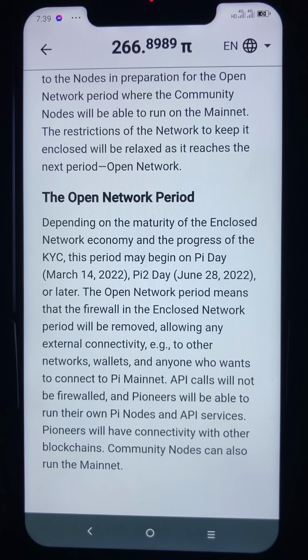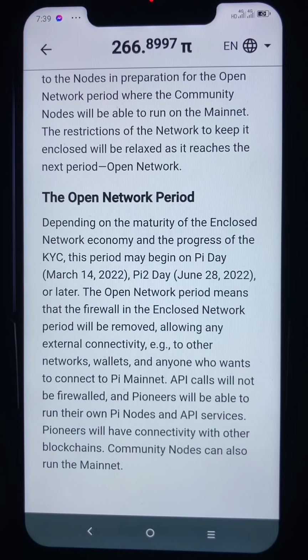The open network period means that the firewall in the enclosed network period will be removed, allowing any external connectivity, for example to other networks, wallets, and anyone who wants to connect to Pi Mainnet. API calls will not be firewalled, and pioneers will be able to run their own Pi nodes and API services.